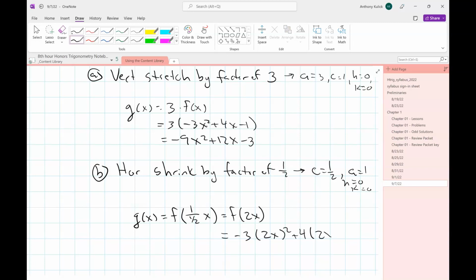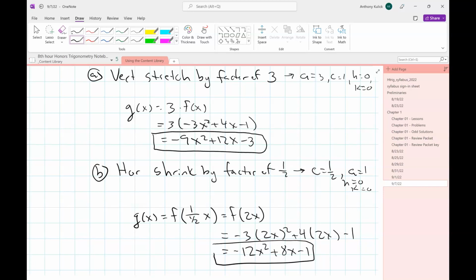And then we do our function composition. 2x squared is 4x squared, and then times negative 3 is negative 12x squared. And we have plus 8x minus 1. Is this feeling okay? Yeah. Okay.